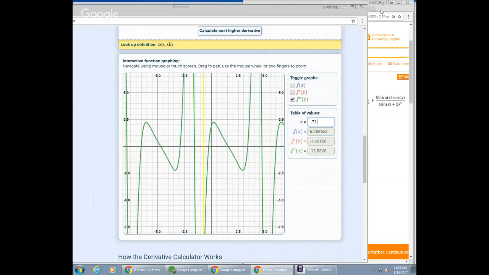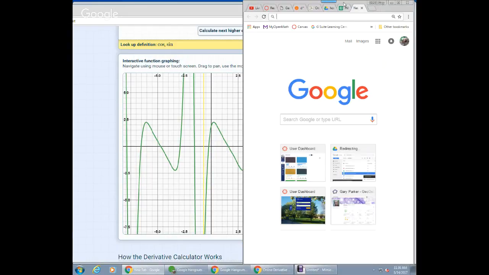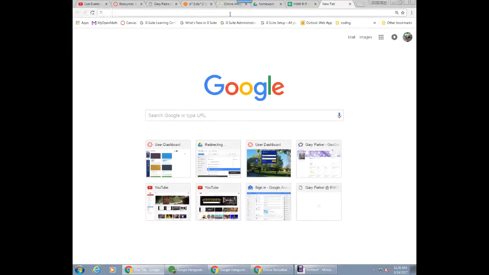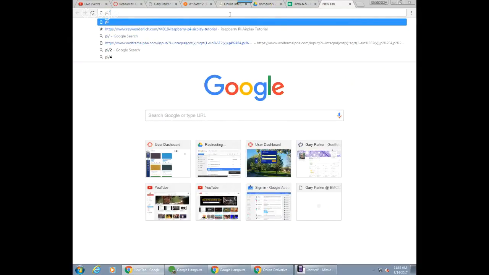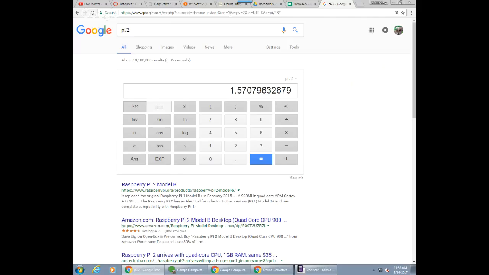Let me double check what pi over 2 is. Oh, happy Pi Day, everybody. I forgot to say that. Pi over 2 is our endpoint. 1.57, what was I thinking? I was thinking pi over 4.